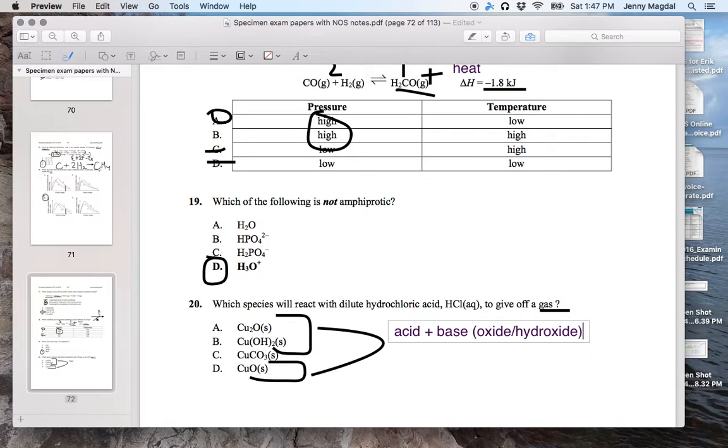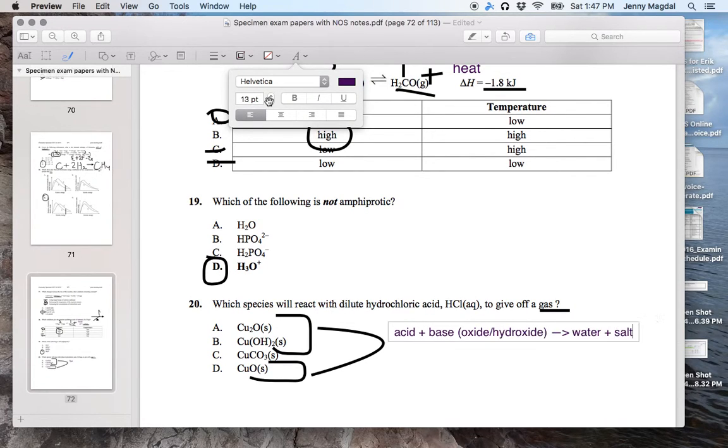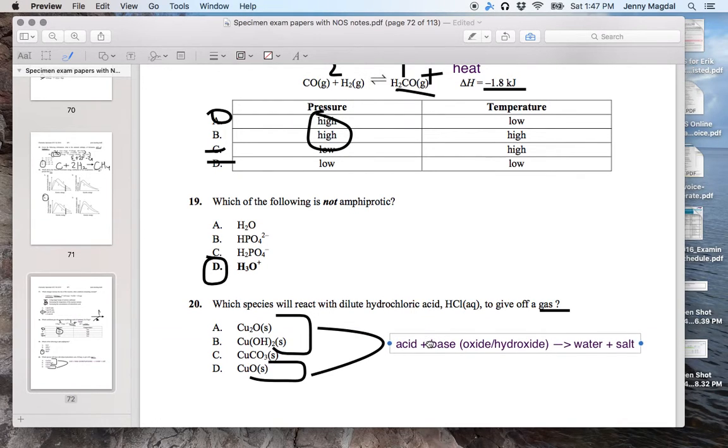That's what each of those are. And when I have an acid with a base that's either an oxide or a hydroxide, I'm going to form two products always, and one of them is water, and the other one is a salt. It's an ionic compound from the reaction of an acid and a base. So that's what all three of those are.